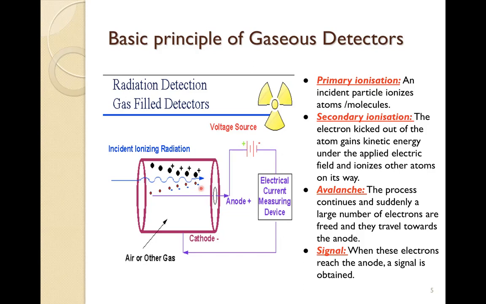This ionization is called secondary ionization, and these electrons are called secondary electrons. As this process continues, you will suddenly find a cluster, a bunch of electrons, and this is called an avalanche.